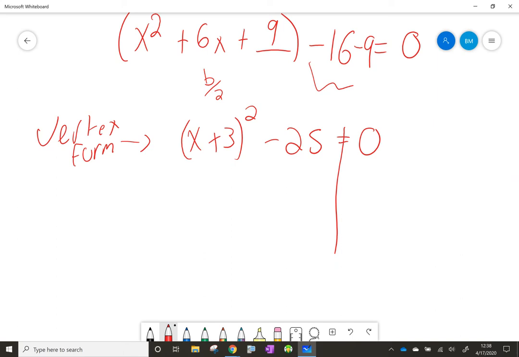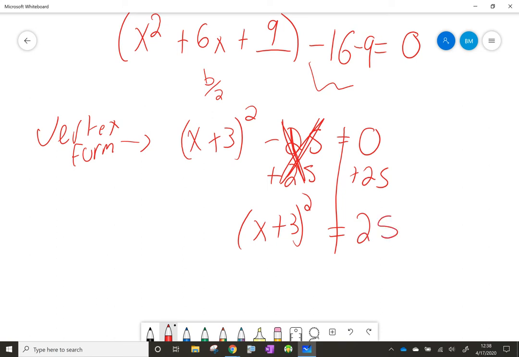To solve for x means we need to get x by itself. We need to isolate x. So we're going to add the 25 to the other side, because that's one less thing on the same side as x. So it would be x plus 3 squared. It's the only thing that's going to be on the left. And then 0 plus 25 would be 25. Okay. So now, because x plus 3 is inside the parentheses that's being squared, we have to get rid of the squared.